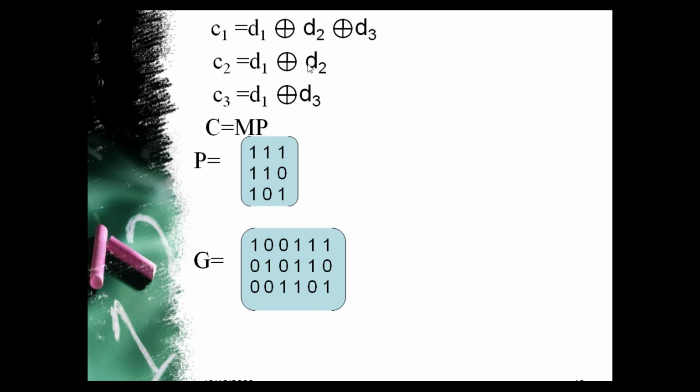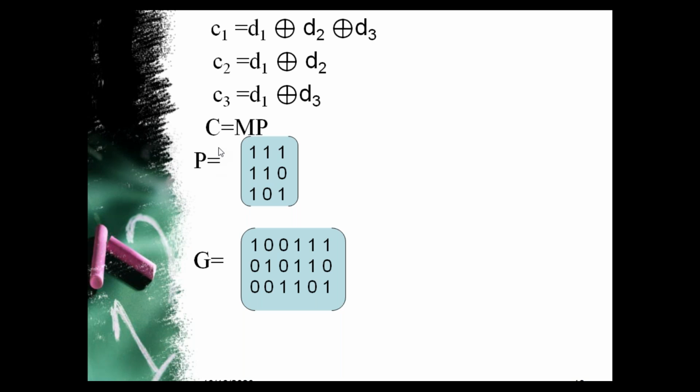Therefore, from this we can write P. Since C1 depends on all the message bits D1, D2, D3, the first column of the P matrix will have all the elements equal to 1. All the message bits are present there. That is, the first check bit depends on all 3 message bits, therefore all first column elements will be 1.